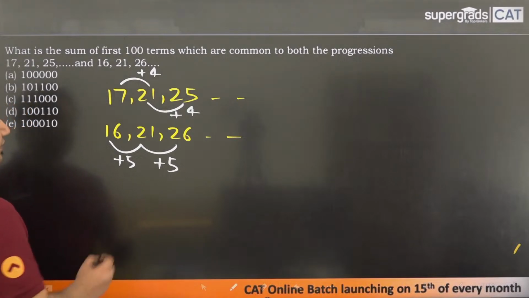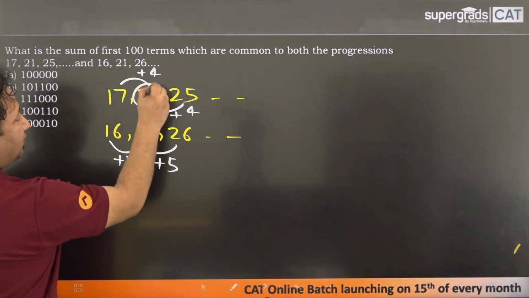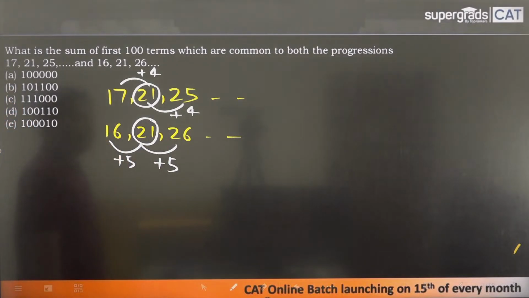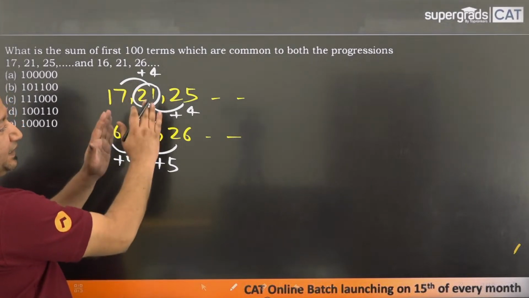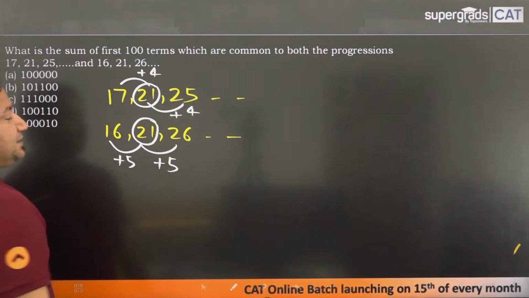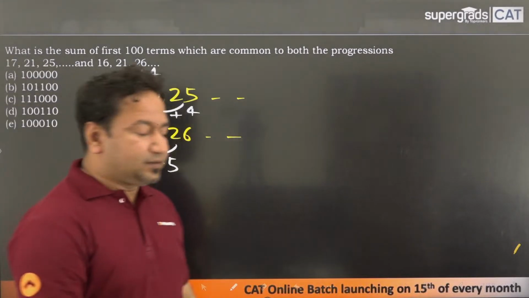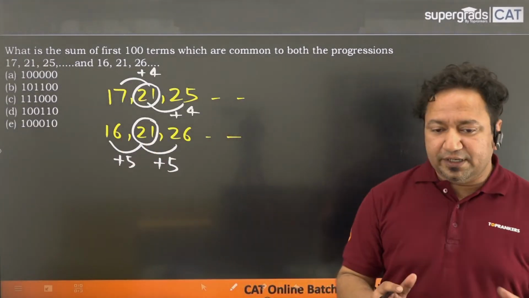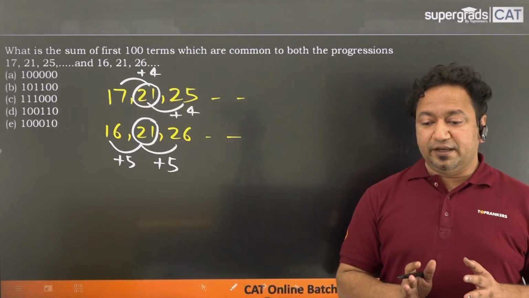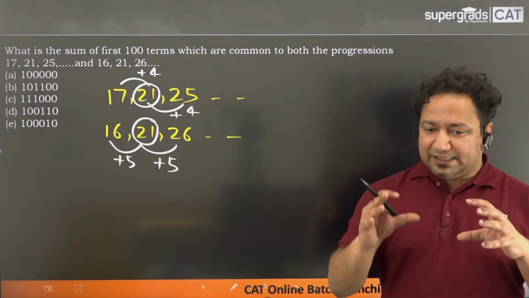The first term that we can see common is 21, right? And as we can see, the first series is increasing by 4 units step by step, and the second is increasing by 5 units step by step. So the next common term would be occurring at a gap of the LCM of 4 and 5.